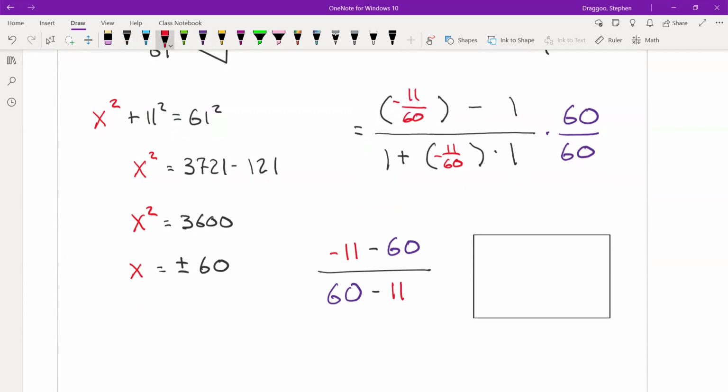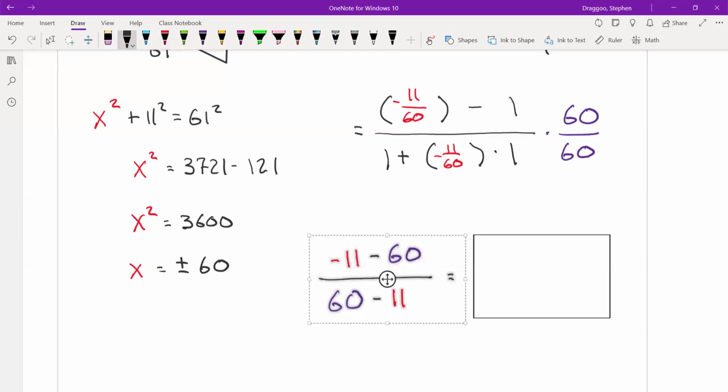If I multiply 11 over 60 by 1 by 60, I get just negative 11. It's negative 11 minus 60 over 60 minus 11. Last thing to do is to just simplify top and bottom. They're both integer values. Negative 11 minus 60 is negative 71. And 60 minus 11 is 49. Cool. So negative 71 over 49.